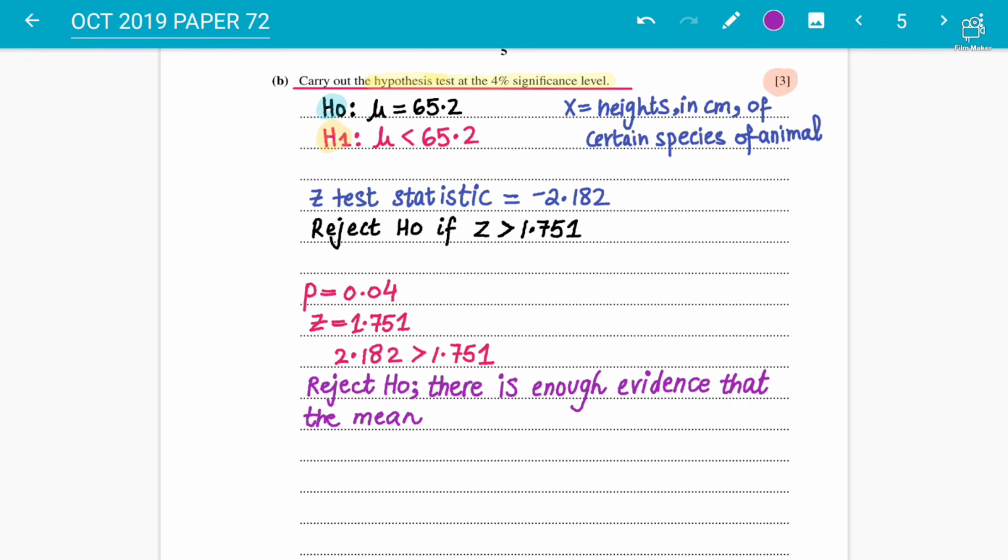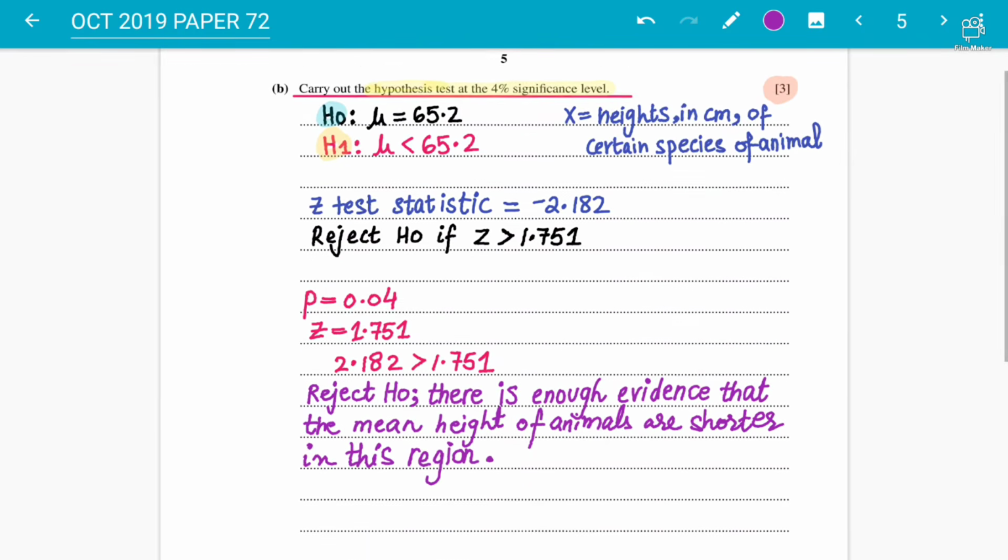The mean height of animals is lower; animals are shorter in this region. That is what we have got, and that is why we are rejecting the null hypothesis and accepting the alternative hypothesis.